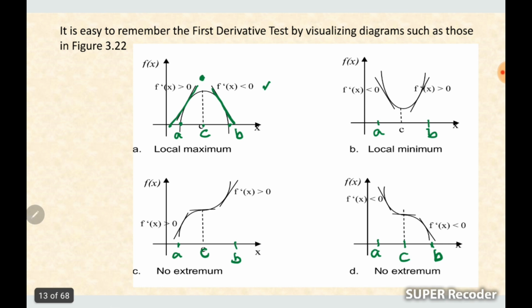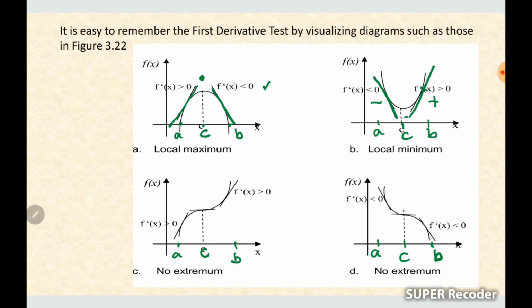For B, if the derivative at any point from A to C is negative, and from C to B the derivative of f is positive, we can conclude that there is one local minimum point here at point C.